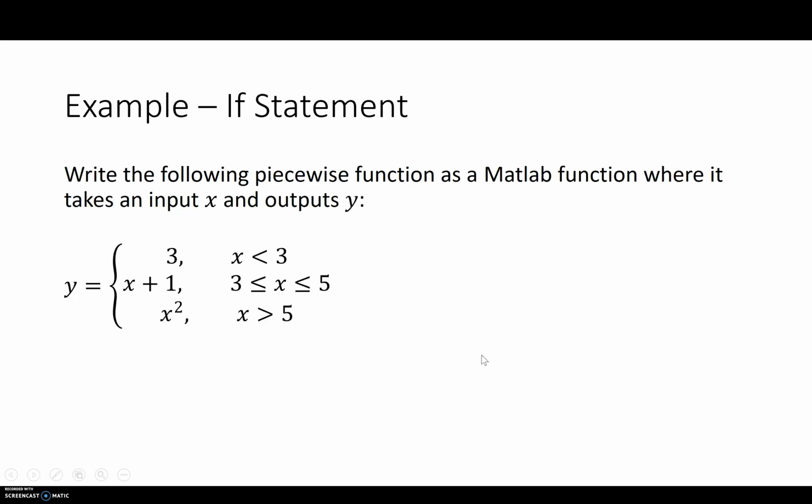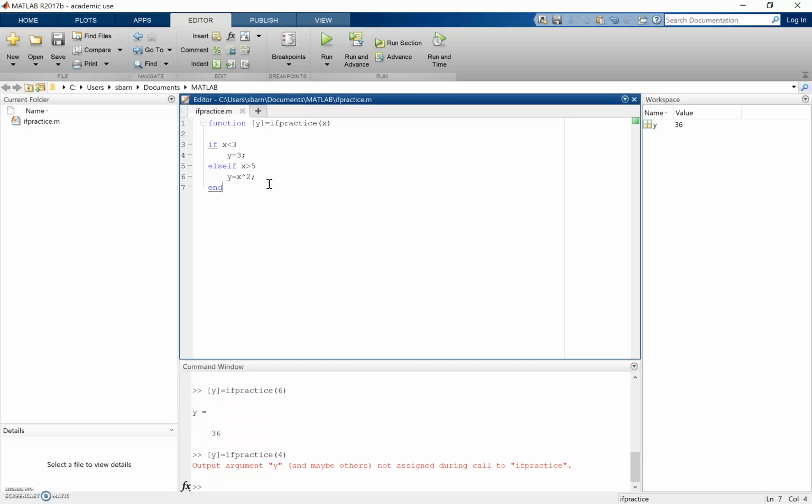If we jump back over here, basically for everything else, it's going to be between 3 and 5, and we want to apply the equation x plus 1. One way that we can do that is to use else as a third part within our if statement. If x is not less than 3 and not greater than 5, it's going to fit into this category, which in our case is between 3 and 5.